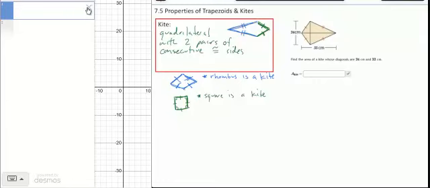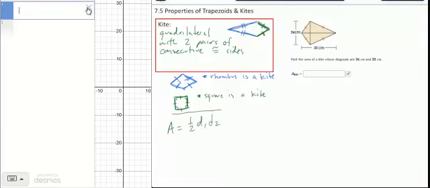So you can have these multiple categories of things, but not all kites fit these 2 conditions. These are very specific instances of kites. Right, so the area of a kite is 1/2 the product of the diagonals.